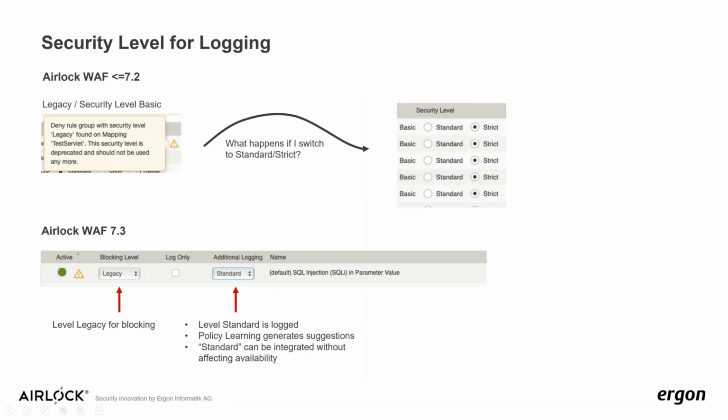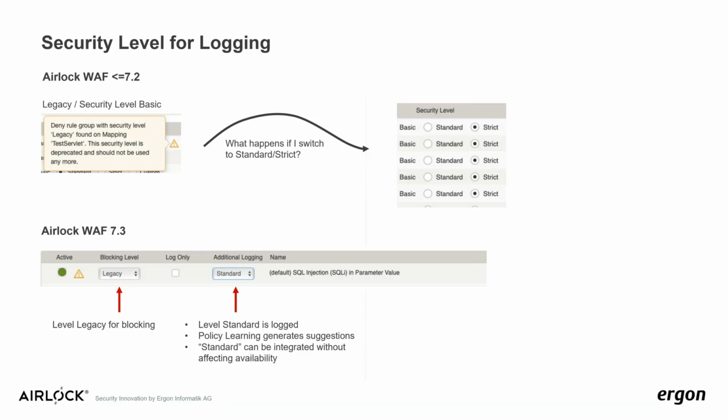This is why we included it, so you are able to move away from legacy mappings. In this case, we have an old mapping which still has legacy deny rules, and you leave the blocking level on that setting and set the additional logging, for instance, to standard or strict. Then the WAF will run with the same security settings, but it will log in the background what would happen if the security setting were standard or strict.